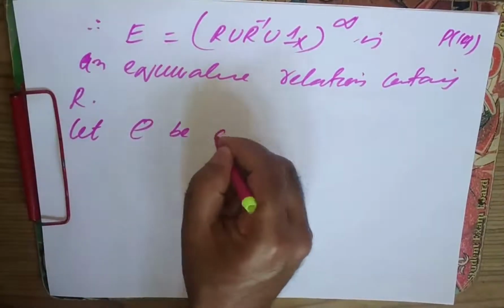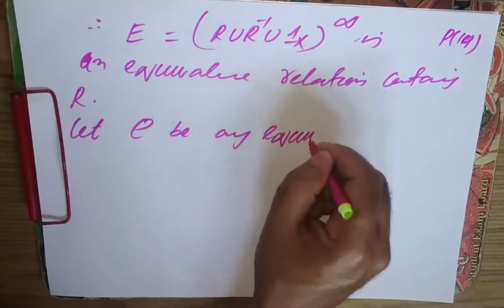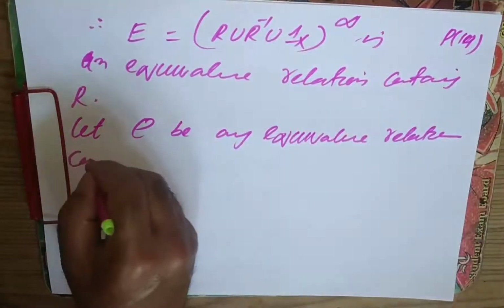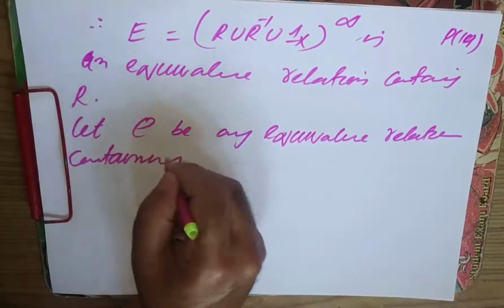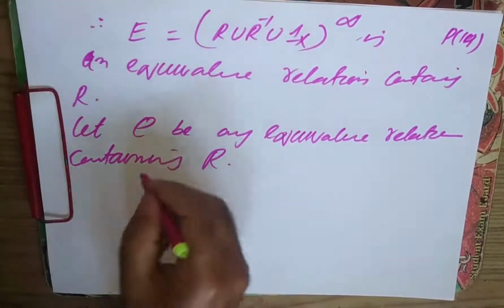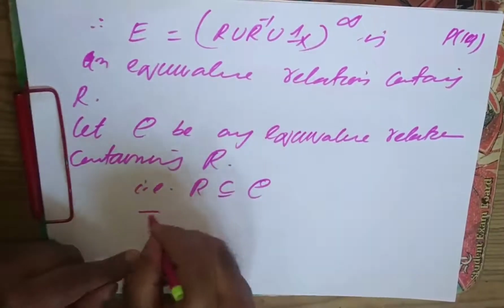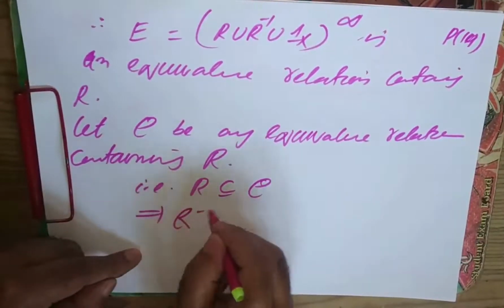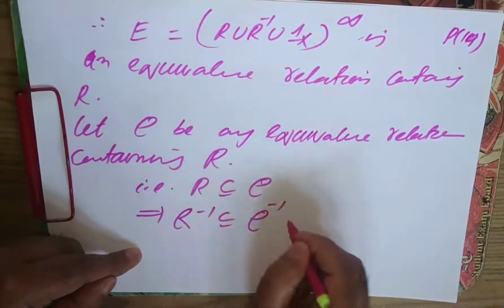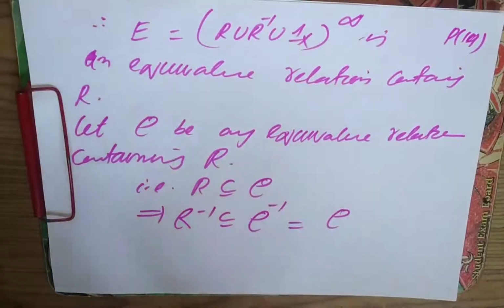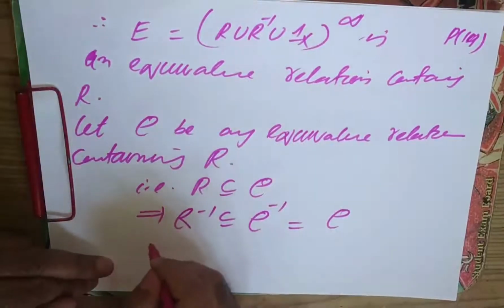Okay, so let sigma be any equivalence relation containing R, that is, R is a subset of sigma. So this implies R inverse is a subset of sigma inverse, but sigma inverse is the same as sigma because sigma is an equivalence relation, so it is symmetric.